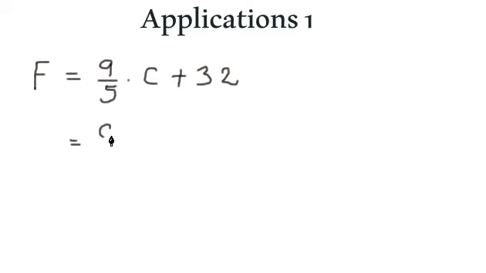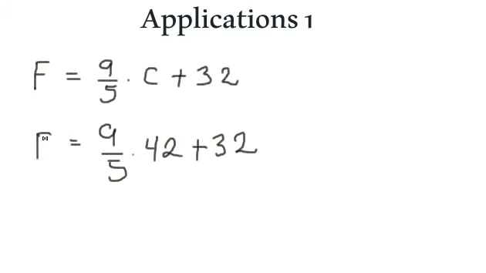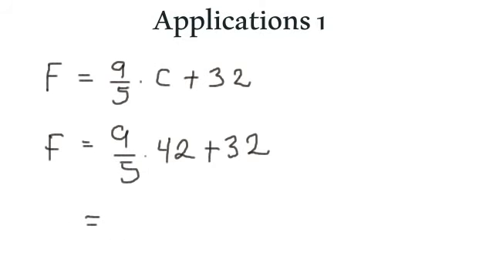So it was 42 degrees Celsius, and we want to convert it to Fahrenheit. Well, we just do the arithmetic here, and 5 does not go into 42, so we're going to have to do some multiplication. And what I do is I just plug it into my calculator.